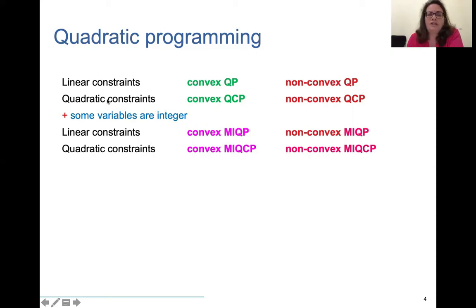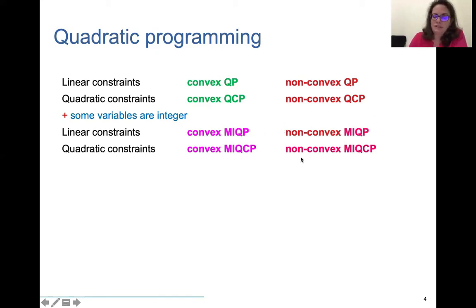When you have some quadratic constraints, if convex it is quadratically constrained programs, and non-convex otherwise. And when we have integer variables, if your forms are convex, you are in the case of mixed integer quadratic programs or quadratically constrained programs, and otherwise you are in the non-convex case.